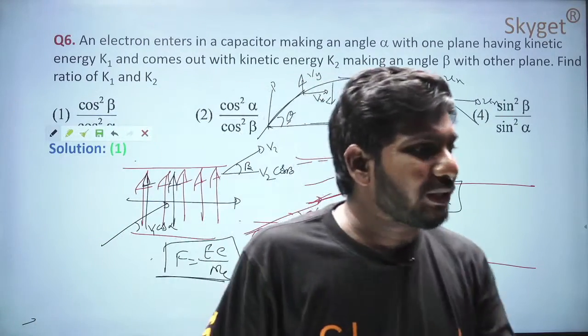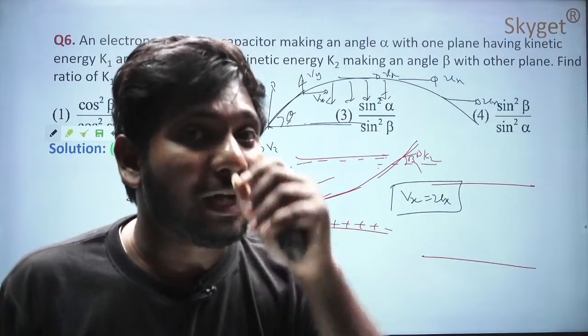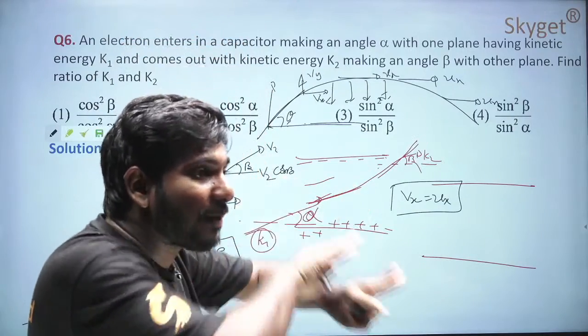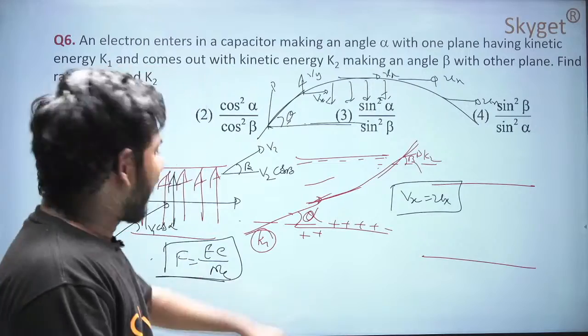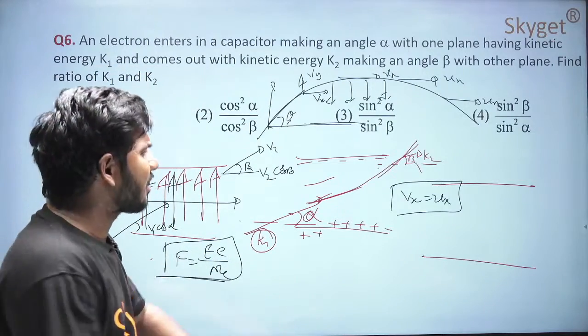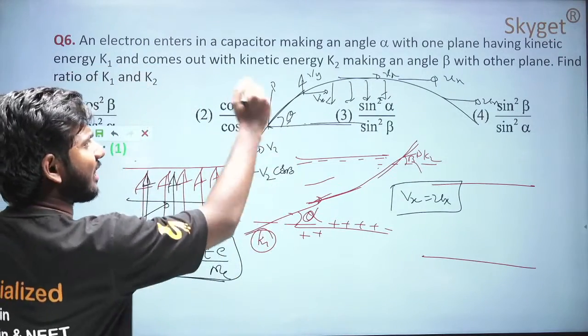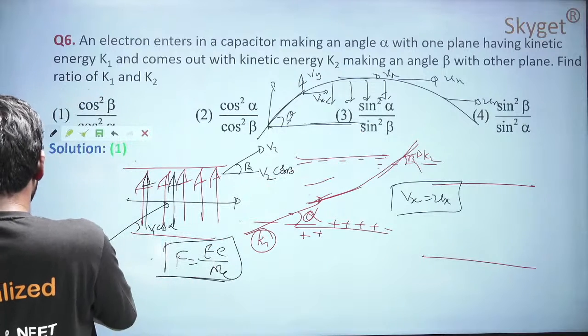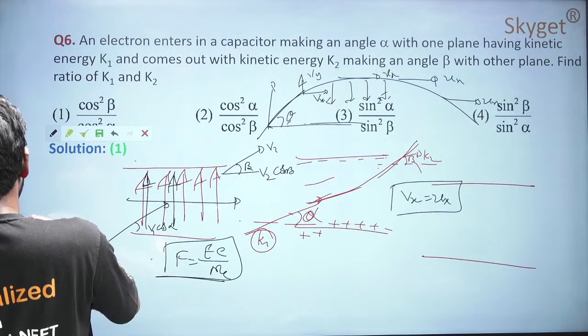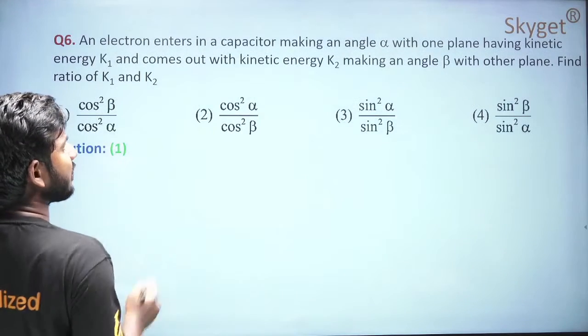If it is perpendicular to the electric field, there will not be any change in the velocity, students. If there is no change in the velocity, then what can we say? We can equate them. How to equate them?